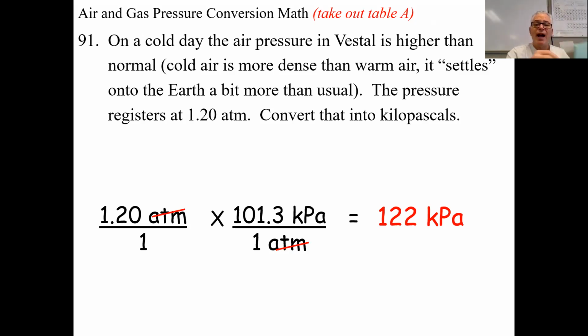So my conversion factor in the middle there is equal to 1. Since atmospheres is in the numerator, I put my 1 atmosphere in the denominator, my 101.3 kPa in the numerator. I cancel my atmospheres. I do the math, 3 significant figures. 1.20 atmospheres converts into 122 kilopascals, kPa.